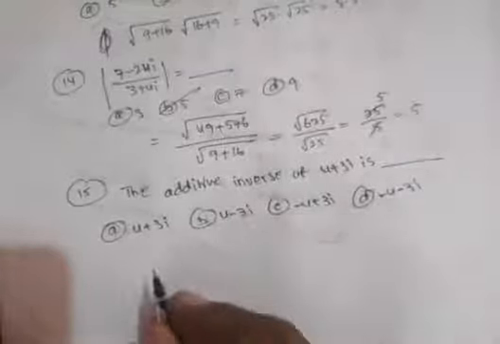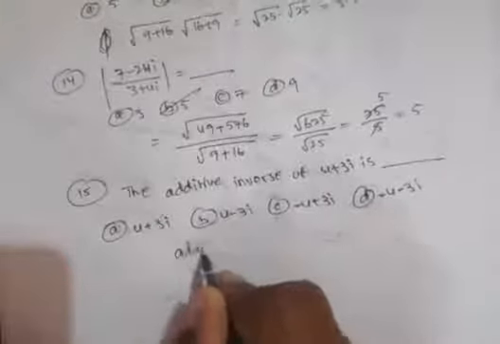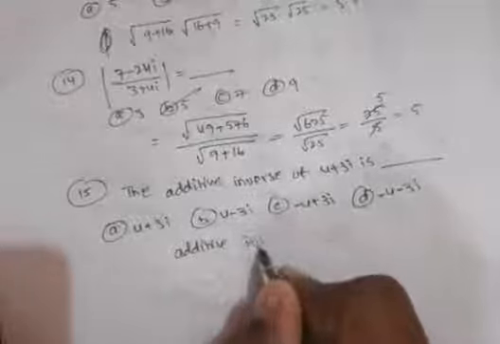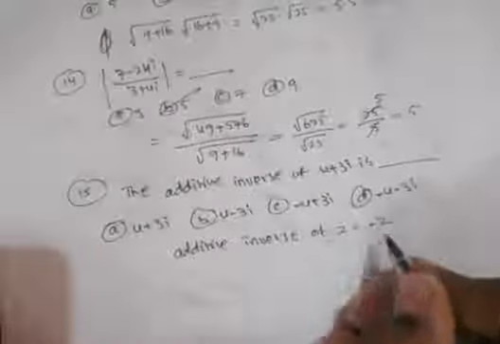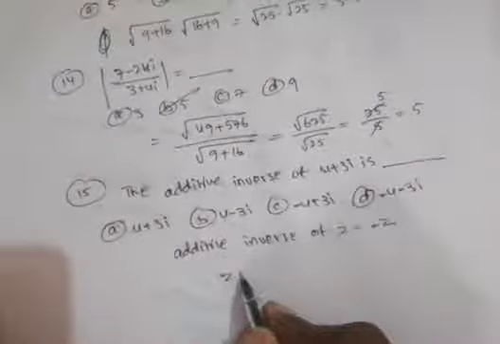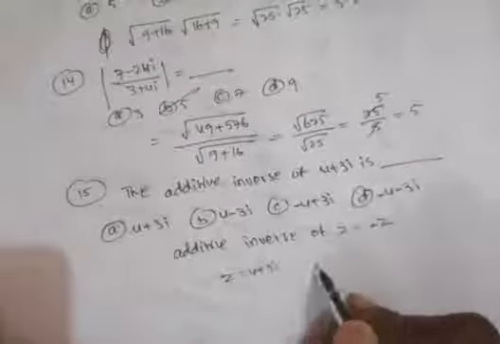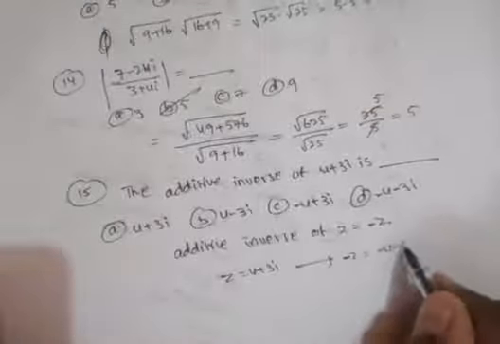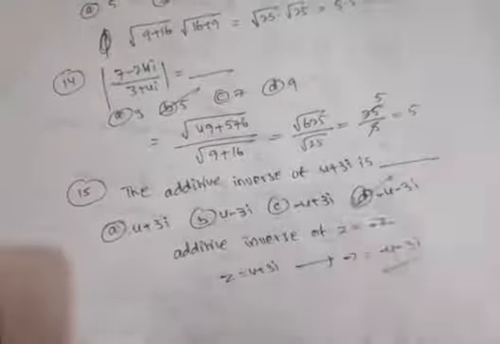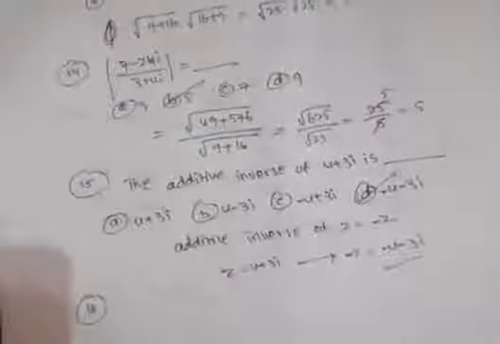So the additive inverse of z is nothing but minus z. Here z value is 4 plus 3i, then minus z means minus 4 minus 3i. So option D is your correct answer.